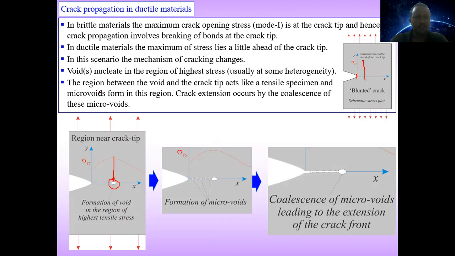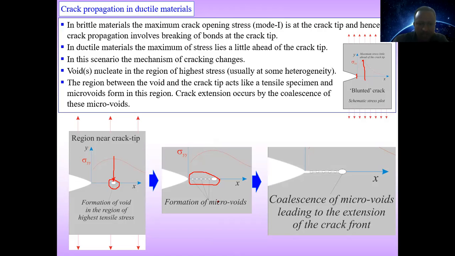So here we can observe void nucleation, the formation of void in the region of high tensile stress. The region between the void and the crack tip acts like a tensile specimen and microvoids form in this region. So in the region around here we can observe microvoids.